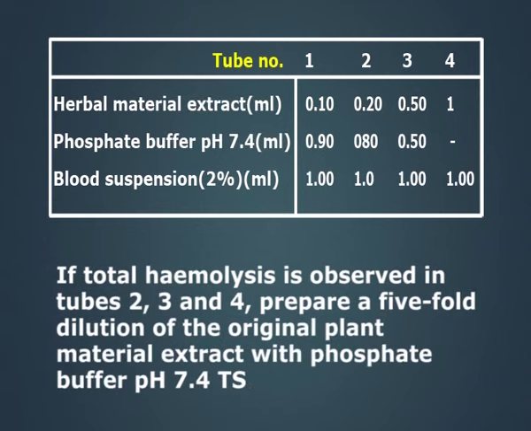If total hemolysis is observed in tubes 2 and 3 and 4, prepare a 5-fold dilution of the original plant material extract with phosphate buffer pH 7.4 test solution.